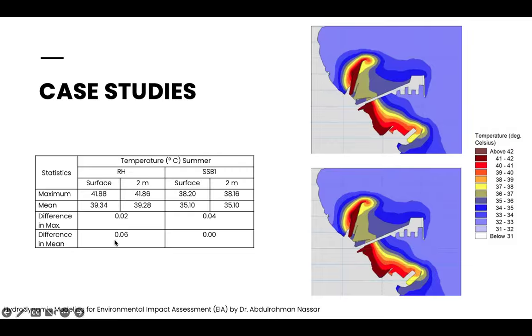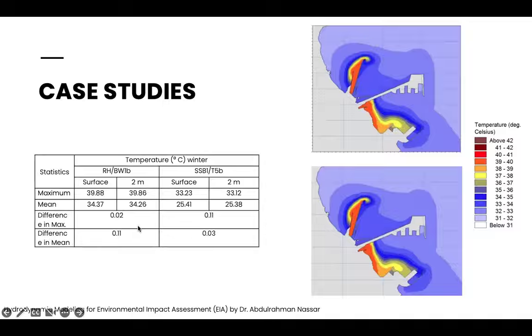We have here a difference coefficient, which is very, very low, so we can say there is no difference, or the difference is very low. Also here for winter, the upper one is for surface discharge, the lower one is for -2 meter depth, and also there is no such difference here.